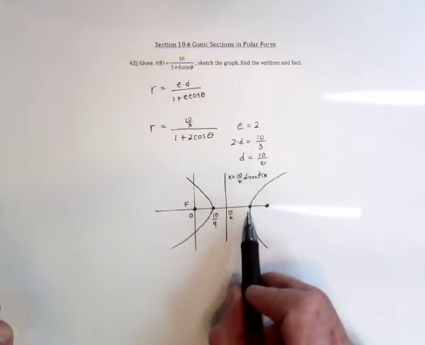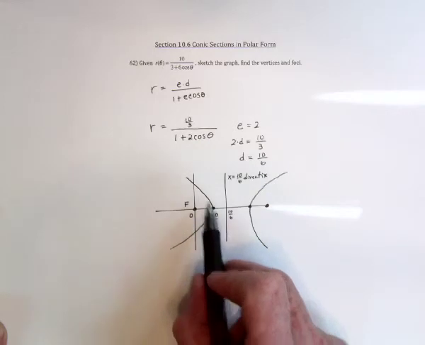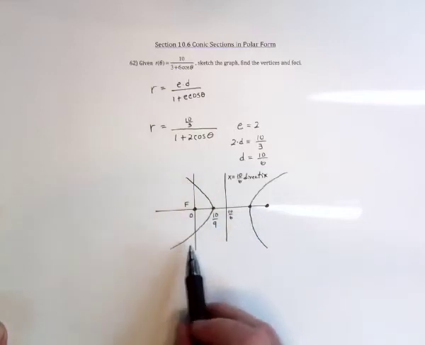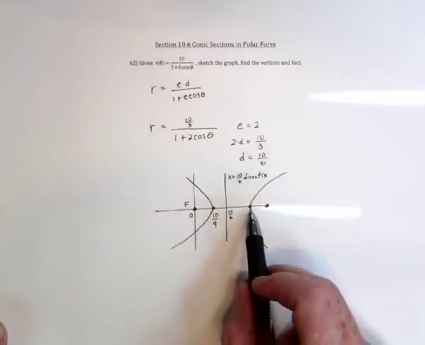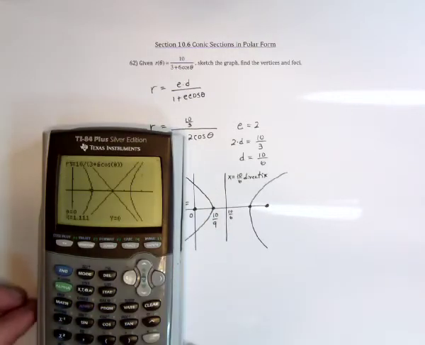So the length from here to here is 10 ninths, so that means the length from here to here is 10 ninths. Well, this one, if it takes 2 pi to draw the whole thing, then maybe it would be a pi for this, and then it would have to start at pi and then draw this one. Let's see if that works. Trace and go to pi. Nice.